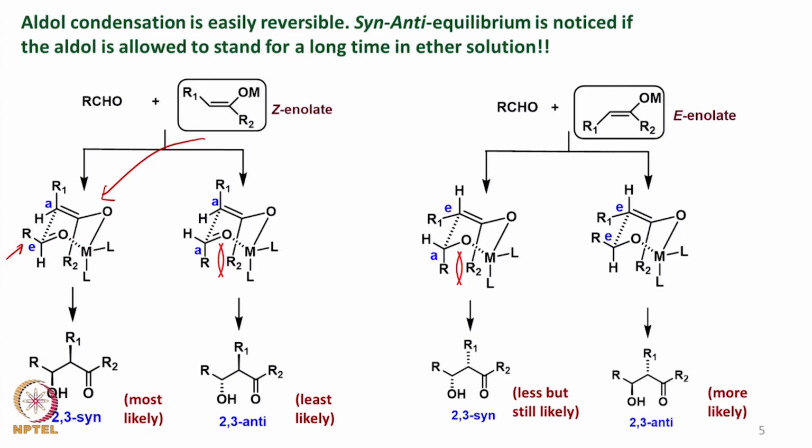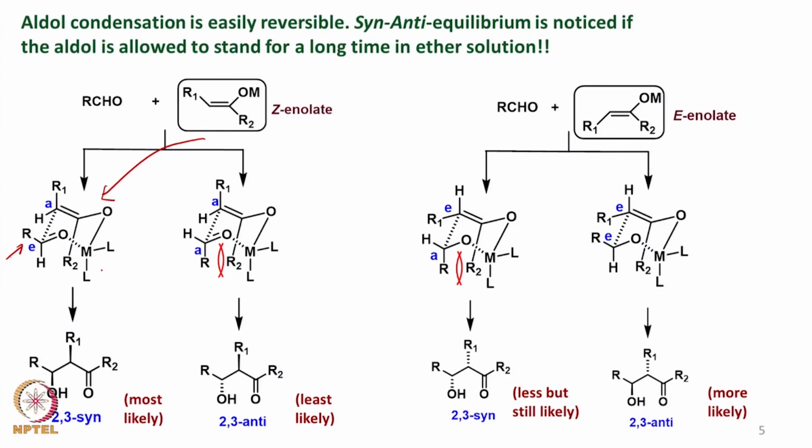So, this particular OM is oriented here, so that the boron or the lithium or whatever the metal is can have a chelation with this, and this 6-member transition state, which is a cyclic chair form, can be anticipated.